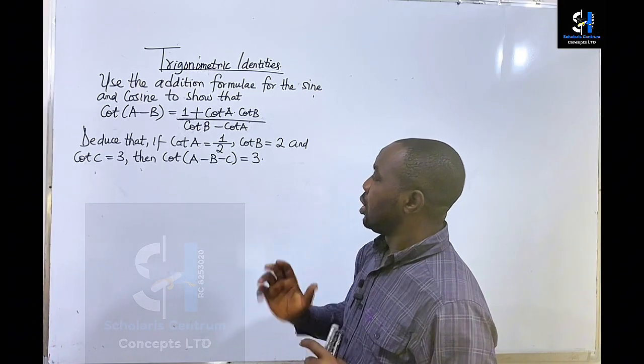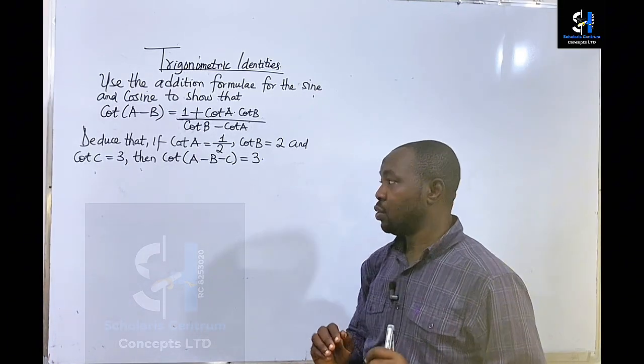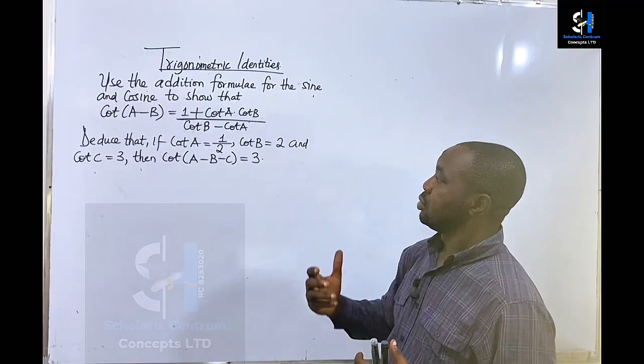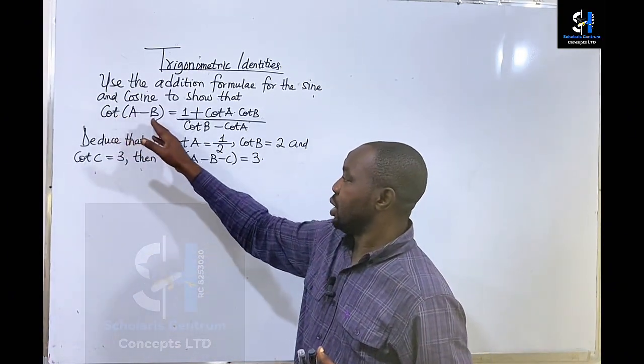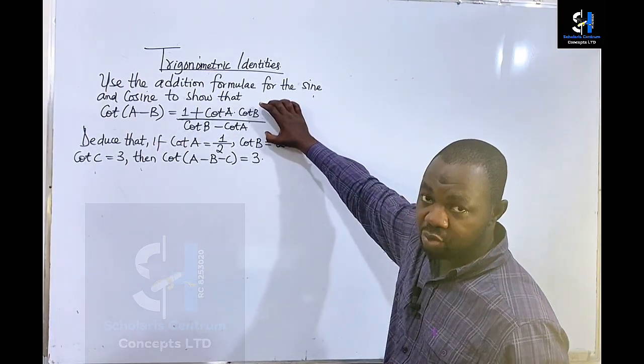The first thing we need to do is note that the left hand side is cot(A minus B) and the right hand side is everything we have here.